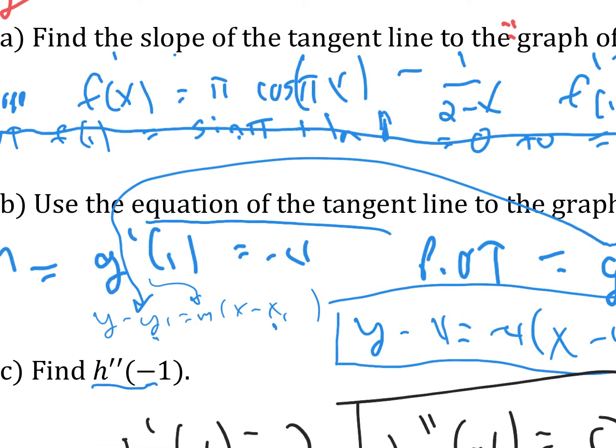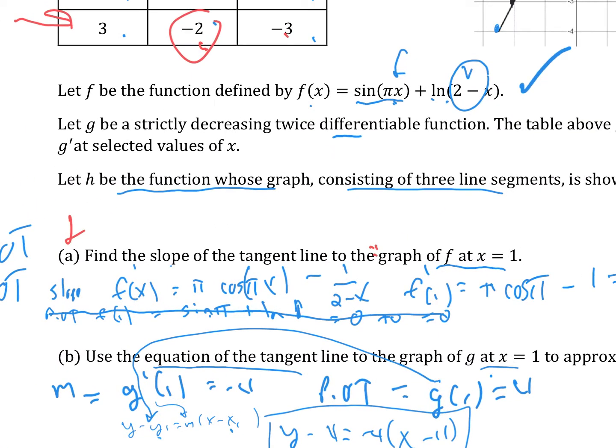I wrote sine of pi plus natural log of 1. You just double check it. It would be sine of pi, and it would be natural log of 1. That was negative 1 plus 0. I don't even think I did it right down here.